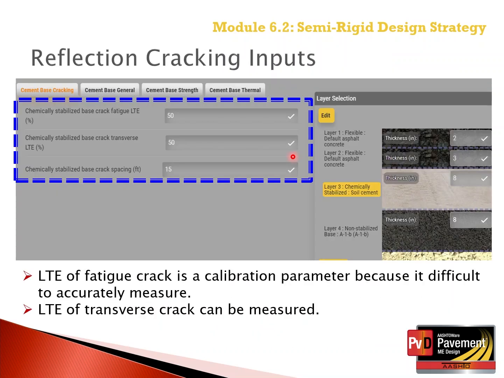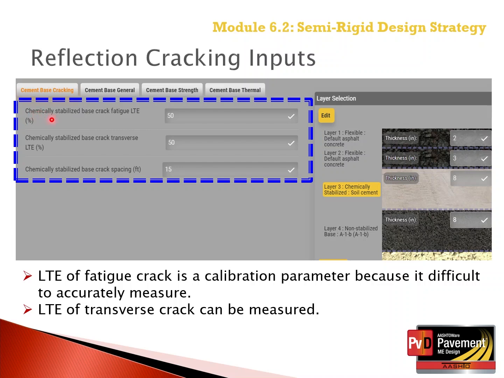But going into now the load transfer efficiency, which basically defines the differential vertical deflection and the shear component of the reflection cracking. So these are inputs to the Pavement ME design software that we previously went through at the beginning of this module.